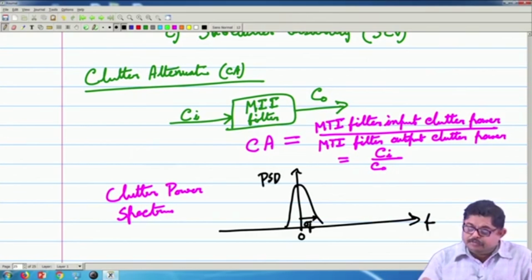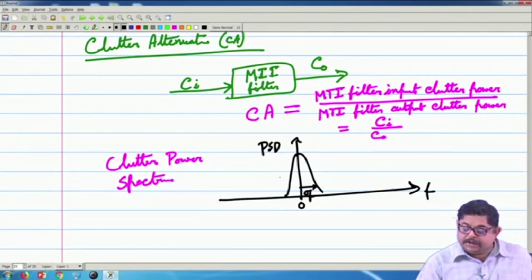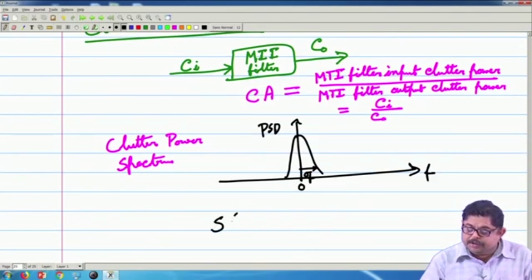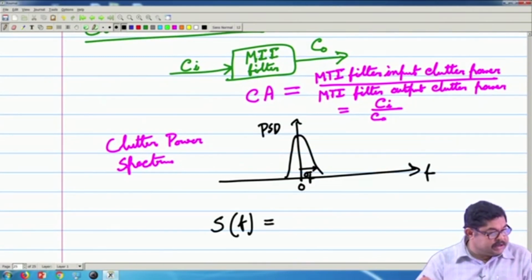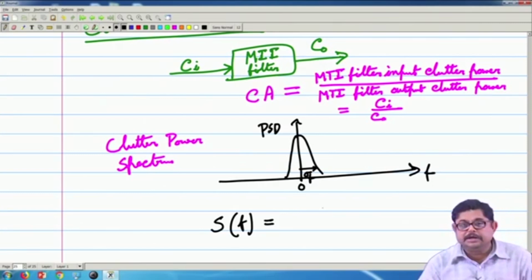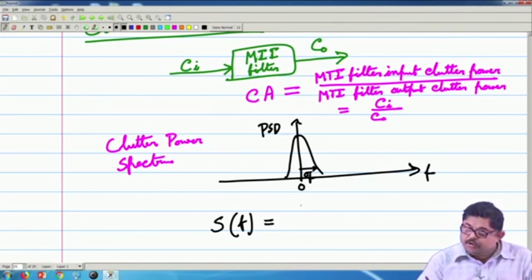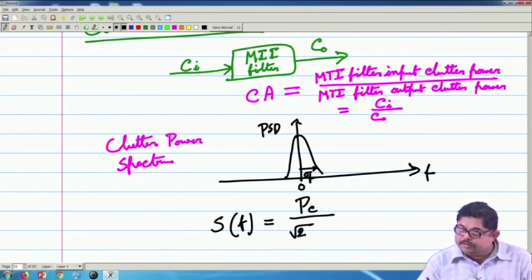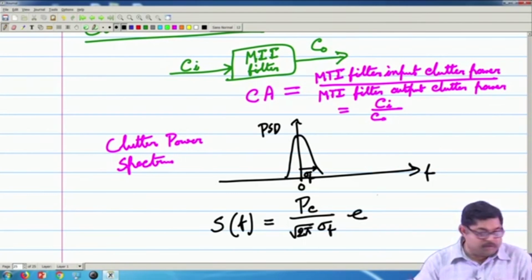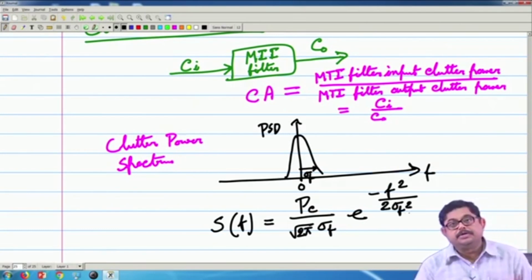So, let us analytically express it, that if clutter's power spectrum is S(f) and obviously it is centered at 0, we can write it as PC times the Gaussian PDF, 1 over root 2 pi sigma f, e to the power minus f square by 2 sigma f square. Here we have assumed that it is a zero mean, that is why mean is not coming here.